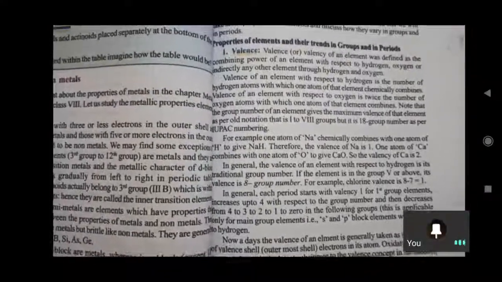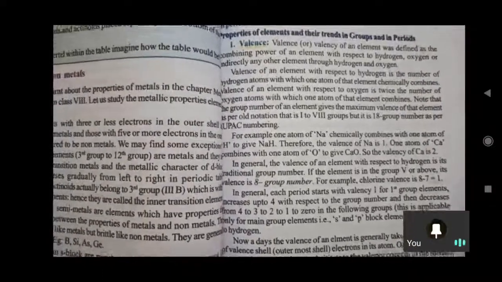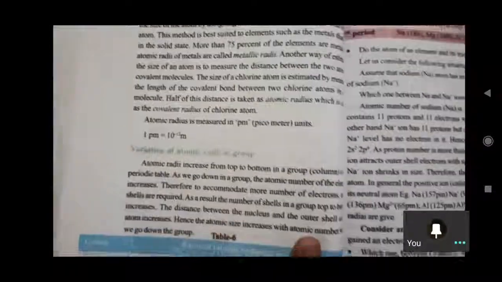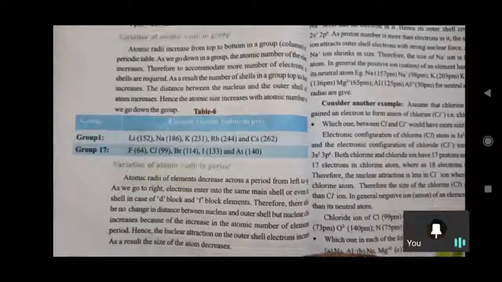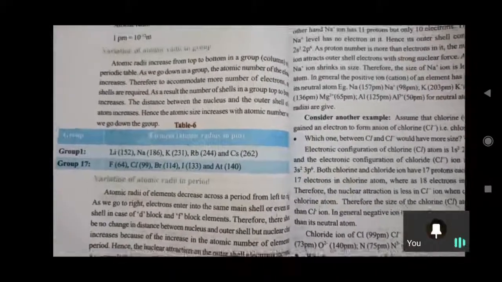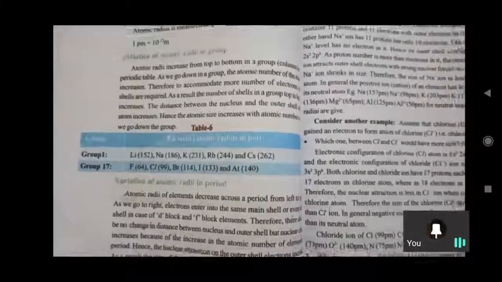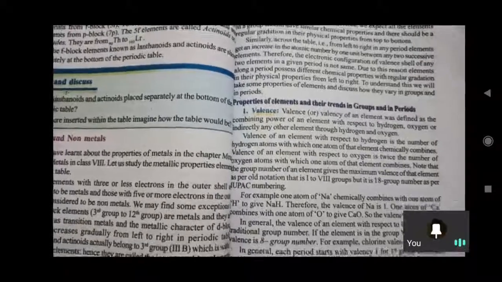For chemical bonding we need properties like valence and atomic radius. Variation of atomic radii in groups and in periods, how it varies. So these all we will discuss, and these are useful for understanding chemical bonding. So from here onwards we have to understand for the next lesson.